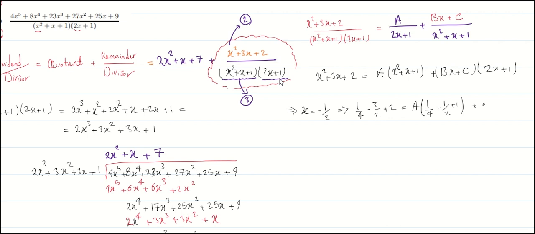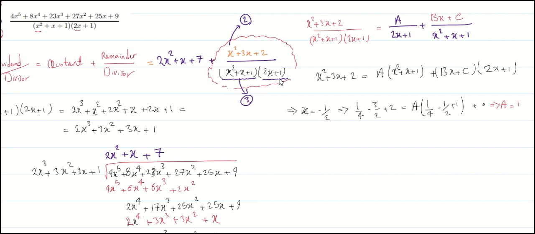We have 0 for the other term, because if you plug in minus 1 over 2 into the bracket 2x plus 1, it would be equal to 0, so their multiplication would be 0. That's the reason I chose minus 1 over 2: this whole term becomes 0 and we are left with only the A value. So our A value would be equal to 1.